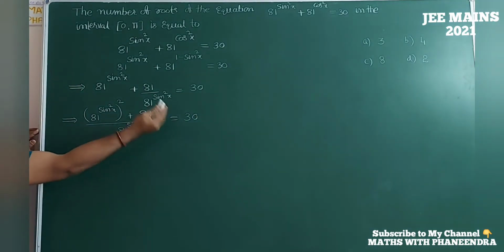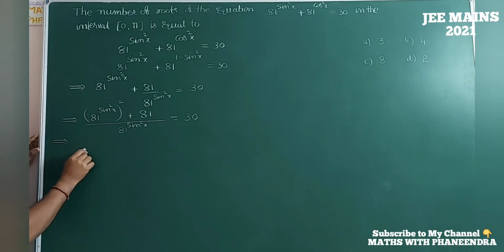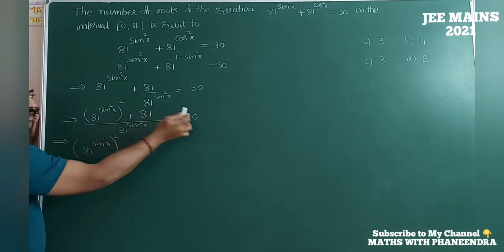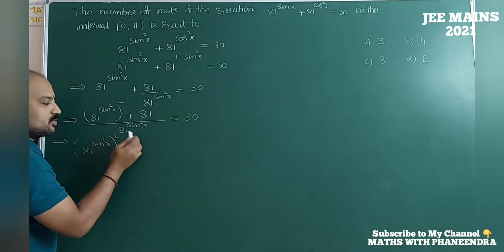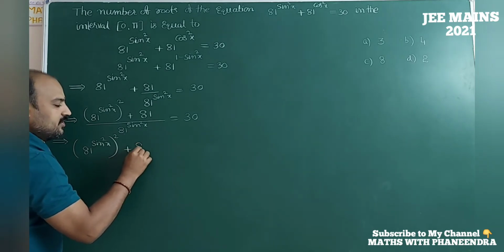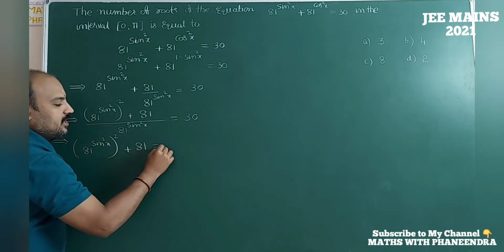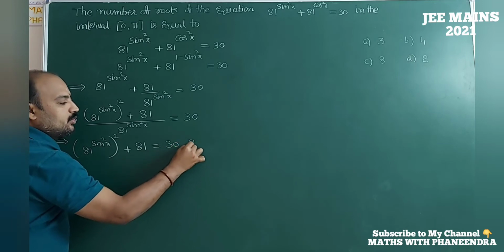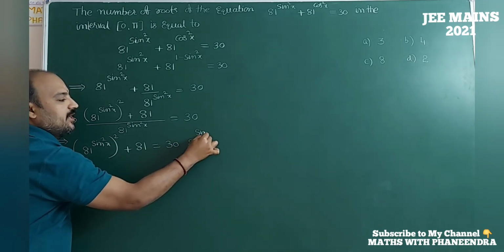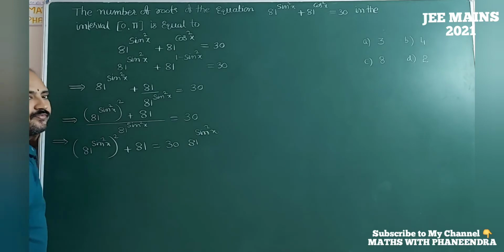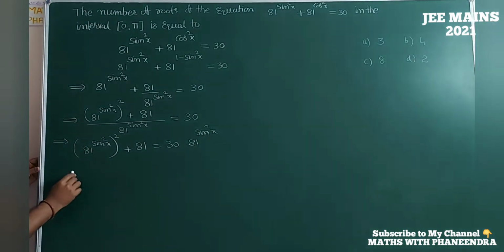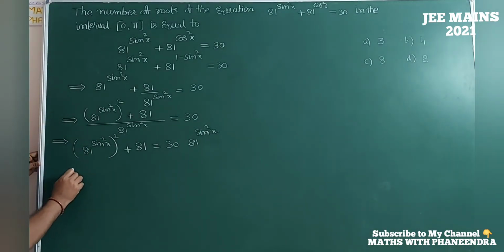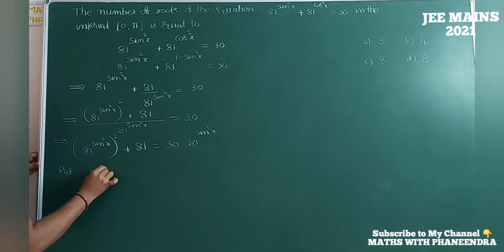So cross multiply. We can take this side: 81 power sin square x whole square plus 81 equal to 30 into 81 power sin square x. Now put 81 power sin square x is equal to some p.